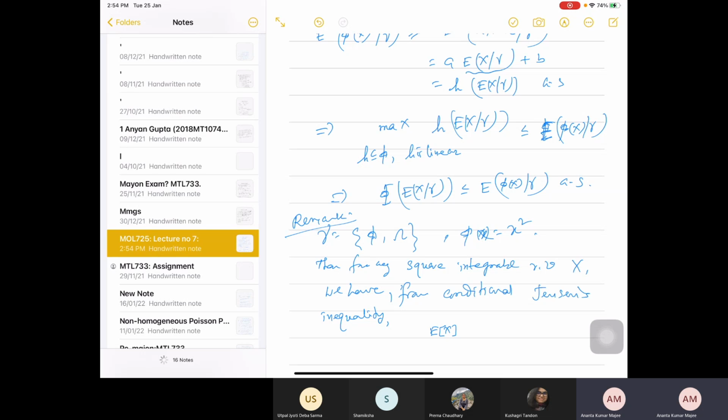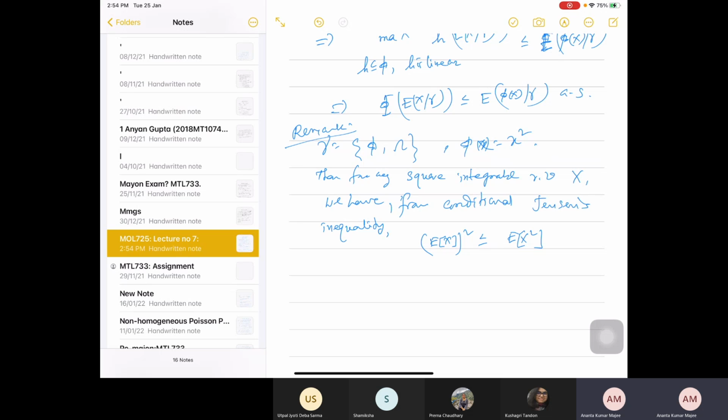So in that case, phi is square, so the expectation of x, whole squared, is less than or equal to the expectation of x squared. Already you have seen it, no?